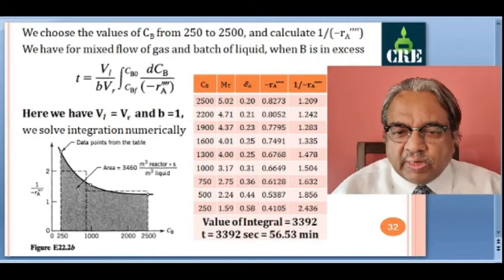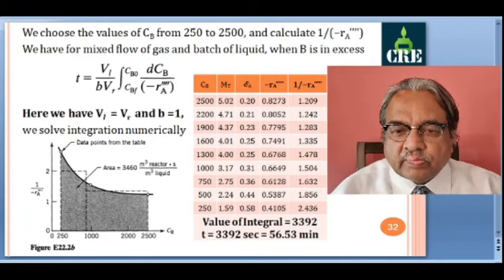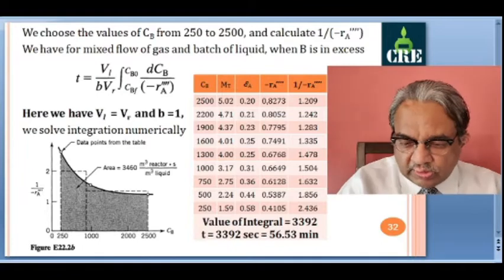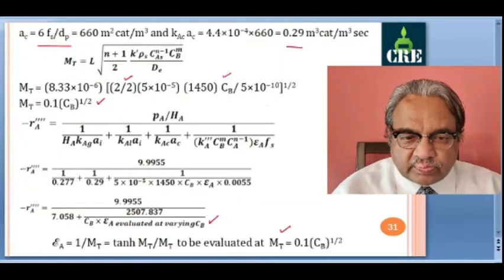So tanh mt by mt, these efficiency values we get. Okay, so efficiency, then minus RA triple prime that we have calculated by the equation, because in this equation you know other things.